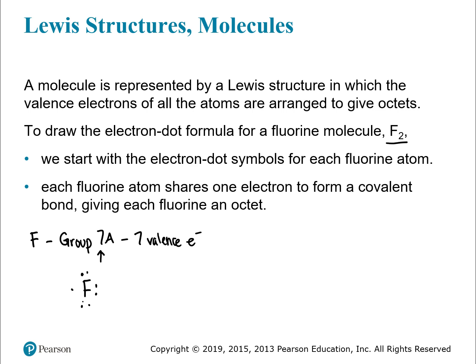So that is the electron dot symbol, or the Lewis symbol, for a fluorine atom. I want to stress that that's the atom. We need to take 2 of these and put them together to make the structure for the fluorine molecule.